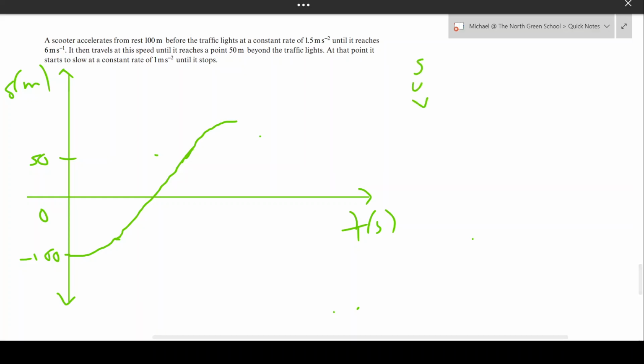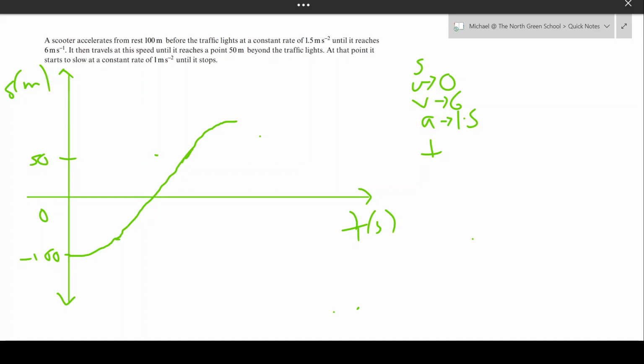A scooter accelerates from rest, so that's our initial velocity, 100 meters before the traffic lights at a constant rate of 1.5 until it reaches 6 meters per second. So the acceleration is 1.5 and the final velocity is 6, right? So we need to figure out how much distance it covers in that time.